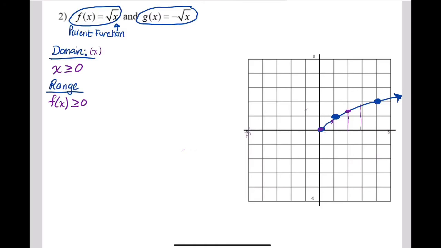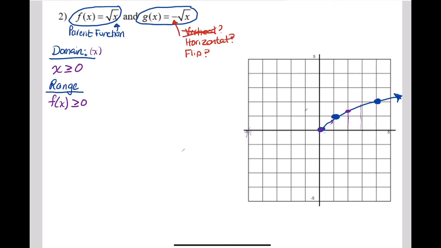Now the transformation function, what does that tell you? Is it a vertical shift? Is it going to move it up? Is it horizontal? Is it going to move it left or right? Or is it a flip? Is it a reflection? What we've learned is that when there's a minus sign in front of the function itself, it is a reflection.